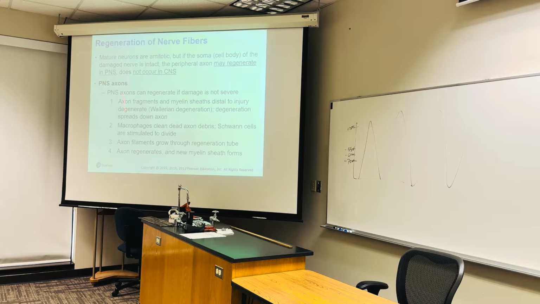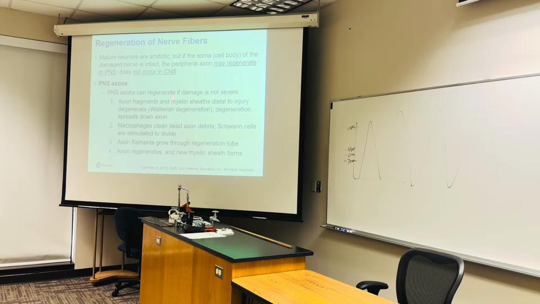Now let's talk about the PNS, or peripheral nervous system, axon. What type of cells actually myelinate the peripheral nervous system axon? Schwann cells, very good. So the PNS axon can regenerate if damage is not severe.